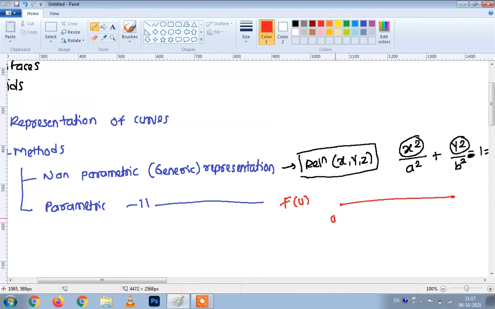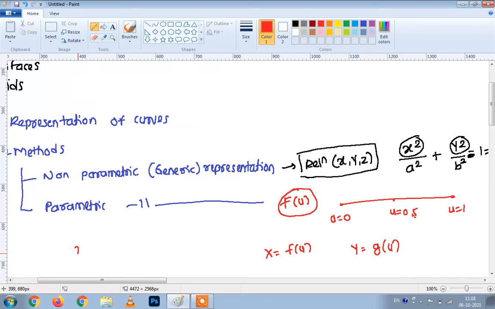Here the value of u will be 0, and the value of u will be 1 at the other end. All the coordinates are represented as functions of this independent parameter u. So how will we get the value of x? It is f of u, a function of this independent parameter, and for y there will be g of u.